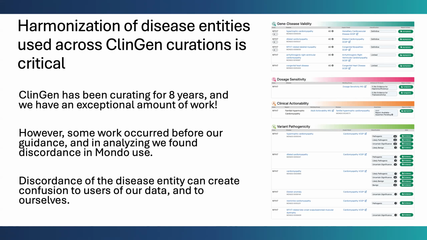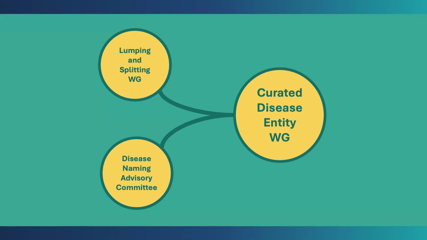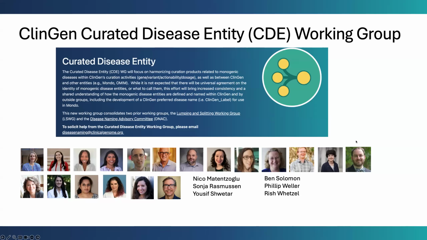And so as we looked at this, we said, what can we do? What can we do to help these groups? What can we offer? Is there guidance we need to provide again here? And so in typical lumping and splitting fashion, we took two different groups and we lumped them together. And now we are the Curated Disease Entity Working Group. And so part of that group we've now expanded.